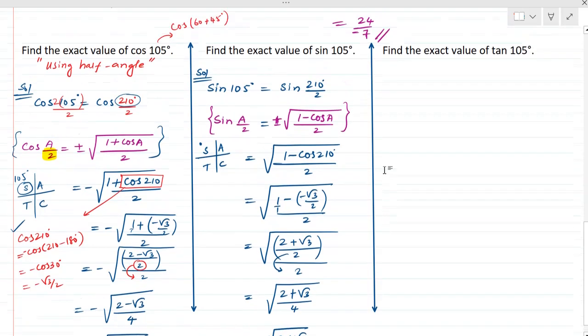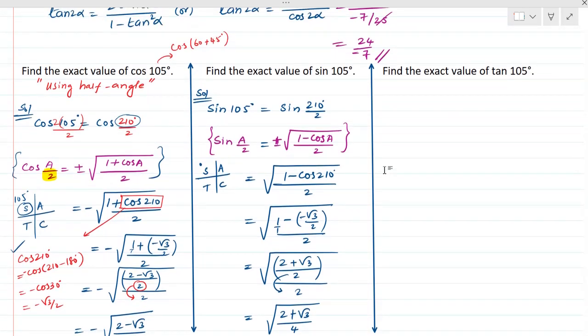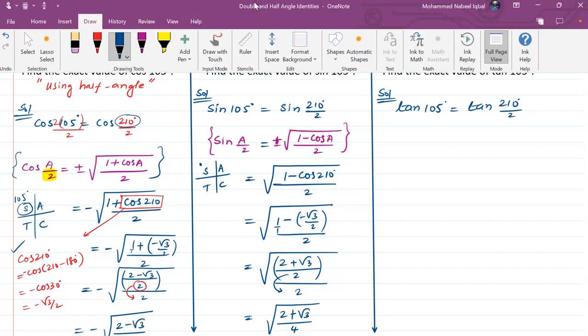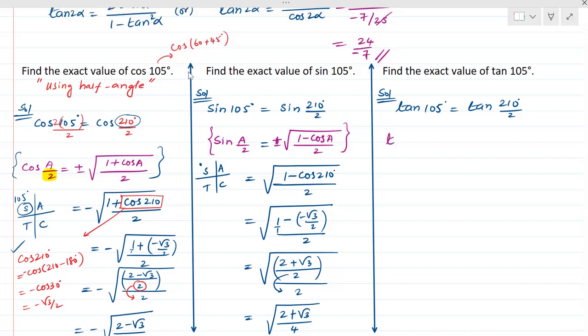Now how will you calculate the tan? Either you can use this formula. The same story we will repeat. Tan 210, so I multiply and divide by 2 in order to use the formula. What is the formula of tan?